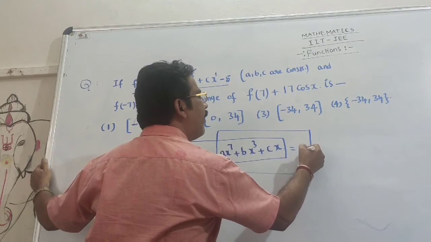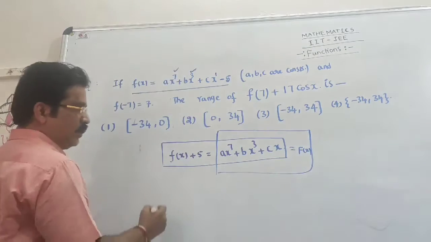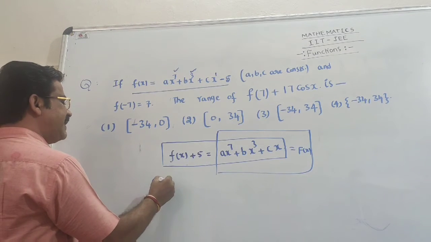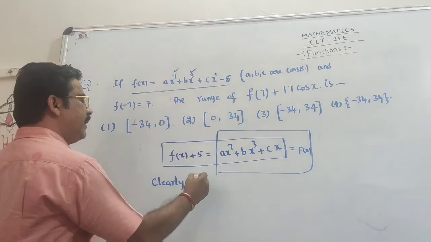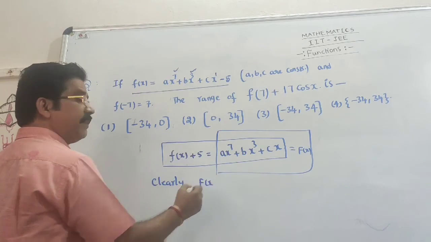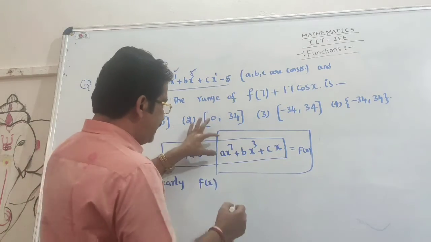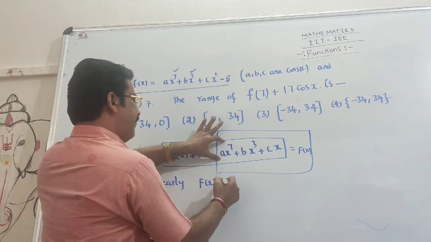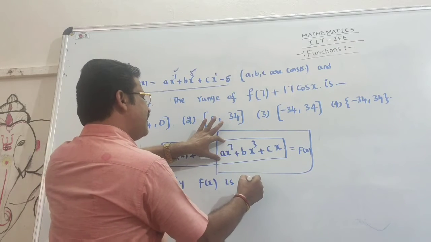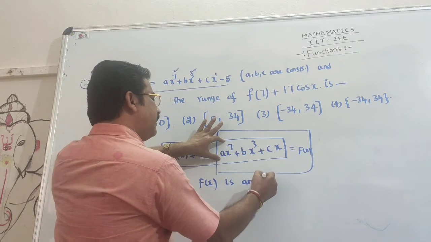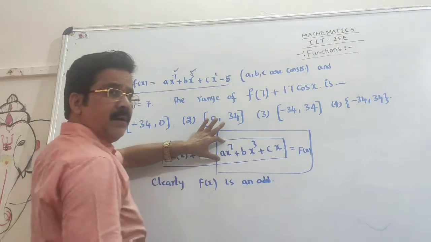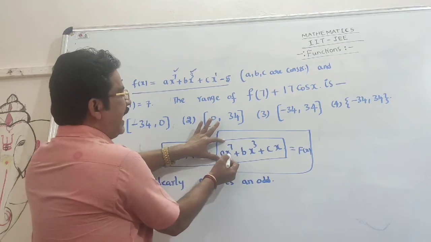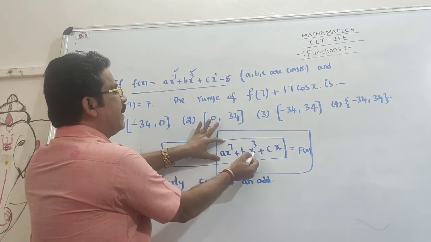Let it be capital F of x. Capital F of x means just this much. Clearly we see that F of x is an odd function, because the powers of x are odd.